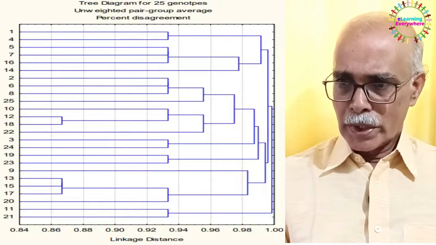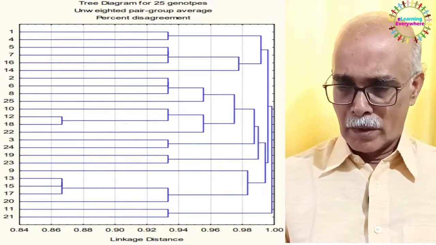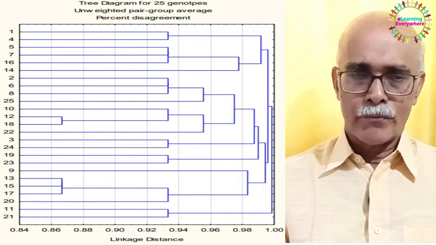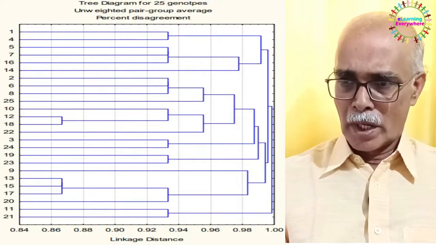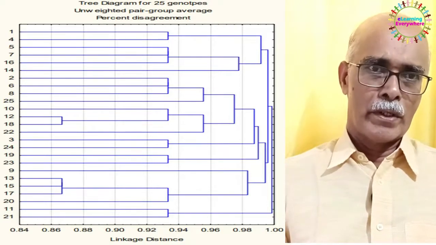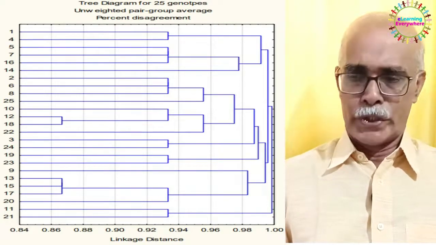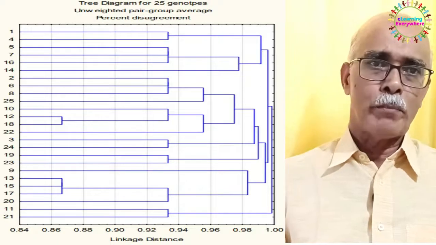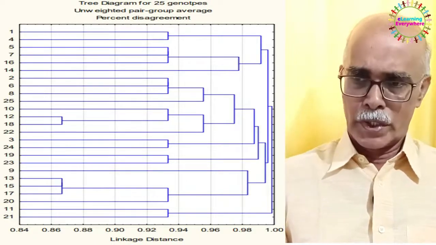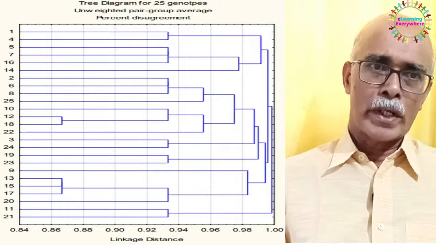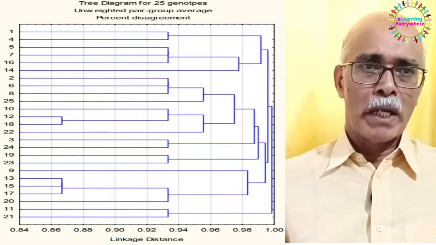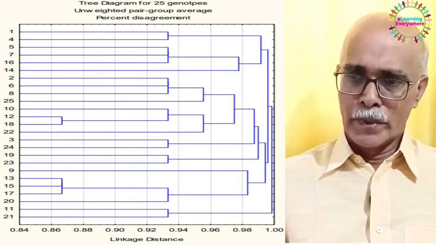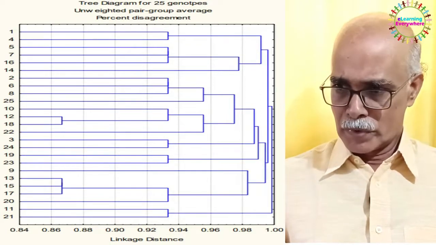You can see in the dendrogram that all the 25 genotypes have been presented at different positions. They have got distributed to different positions in the dendrogram based on their similarities and dissimilarities with other genotypes.